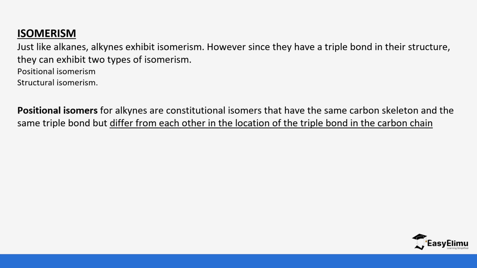So positional isomers for alkynes constitute isomers that have the same carbon skeleton and the same triple bond, but differ from each other in the location of the triple bond. So basically what we do is change the position of the triple bond in the carbon-carbon chain.